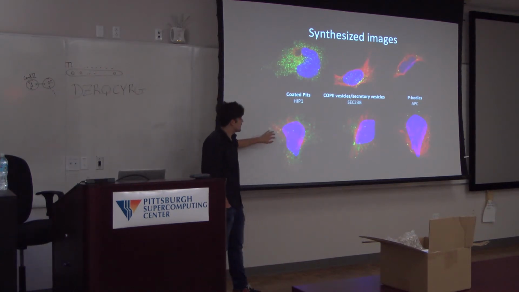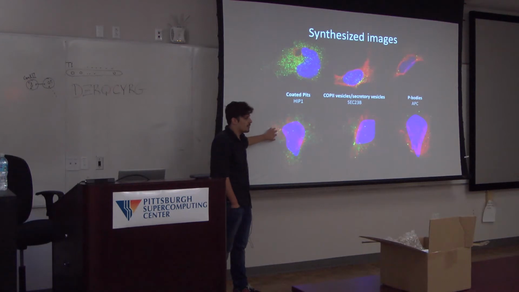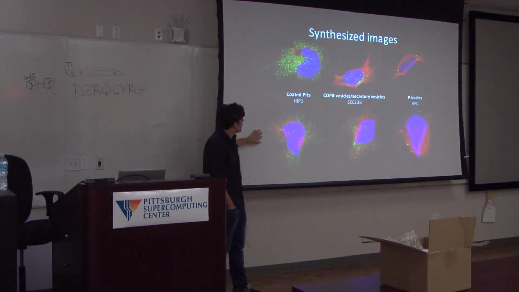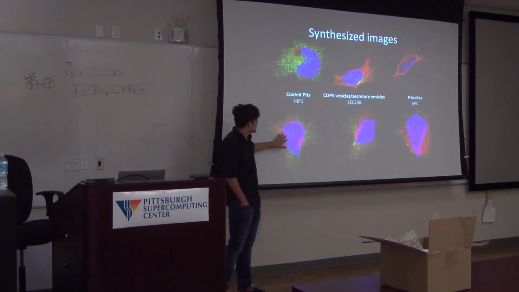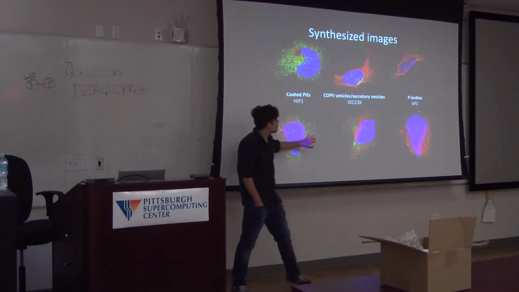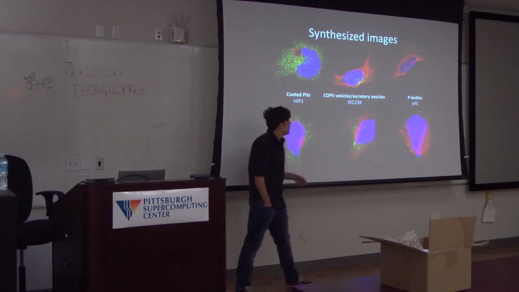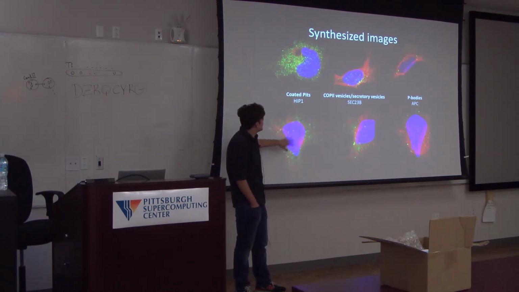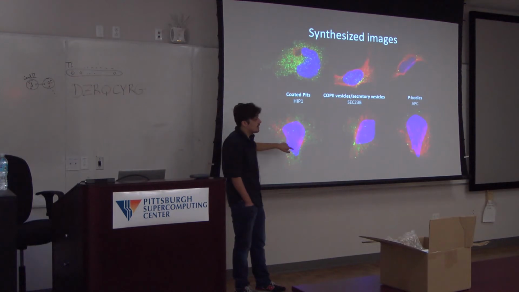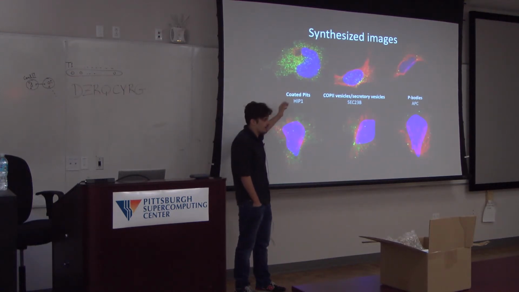And synthetic cells that are generated from the distribution learned over these example cells. And you can see that these synthetic cells are capturing variation in the distribution of these puncta that are representative of the training images.